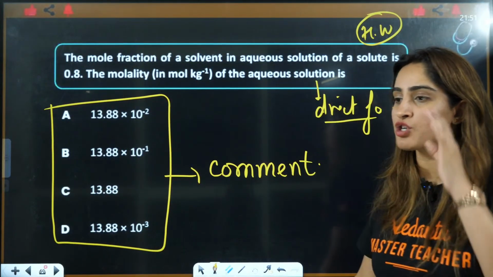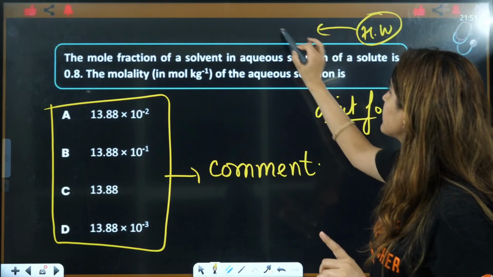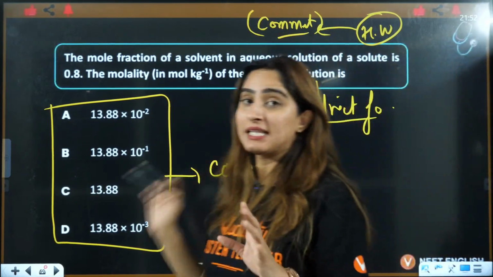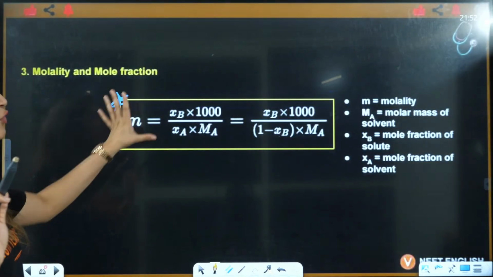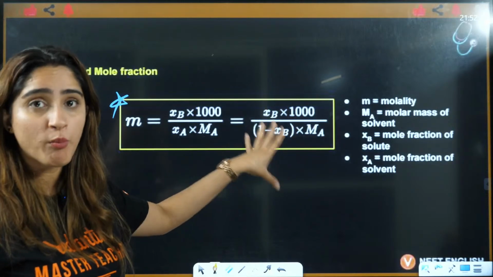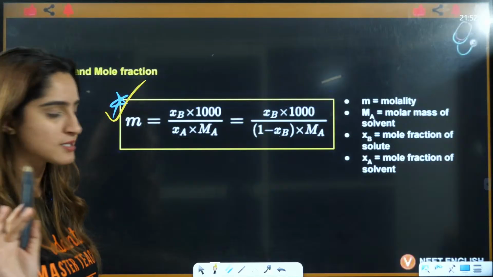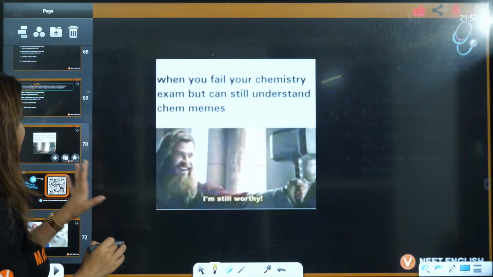I want all of you to solve this question and give me the answers in the comment section. I want to see if you're able to do this or not. One hint: you will use this formula here. Take the screenshot of the formula also. I'm giving you the formula as well so that you can answer this easily. I think you can answer this, right? You promise me that you will answer this or not.